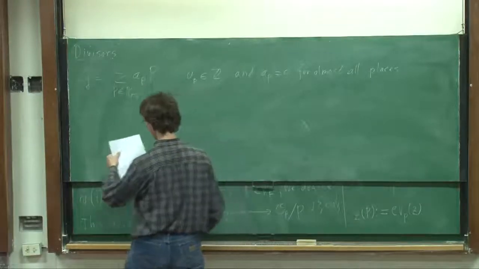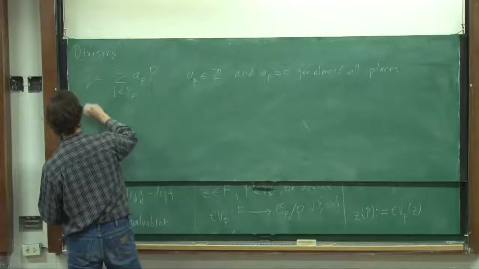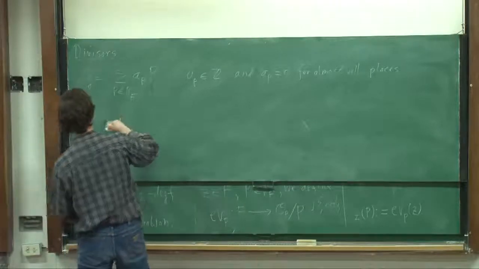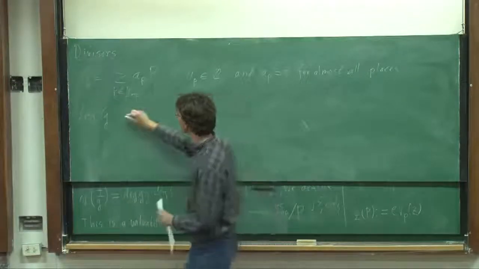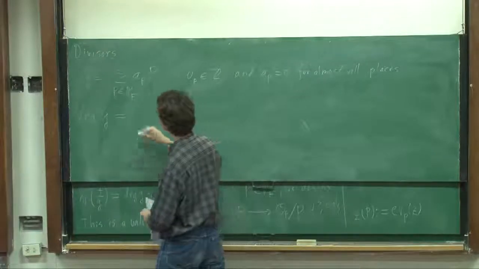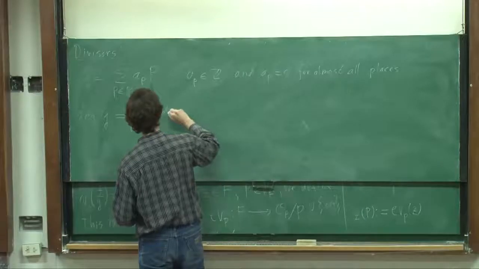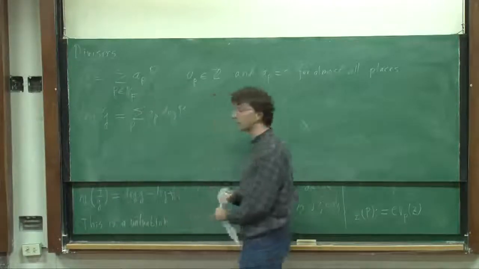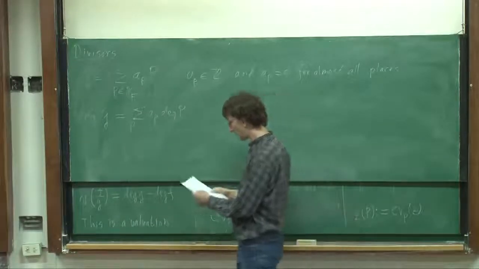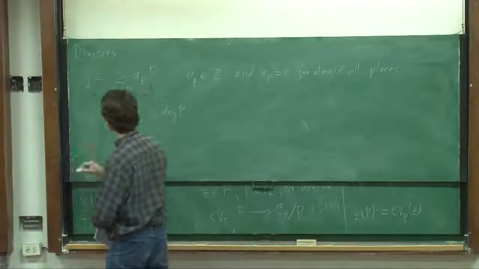Maybe I should first define a few things. Since we know what the degree of a place is, we can extend this by linearity to the degree of divisors, like that. And also there is a partial ordering.